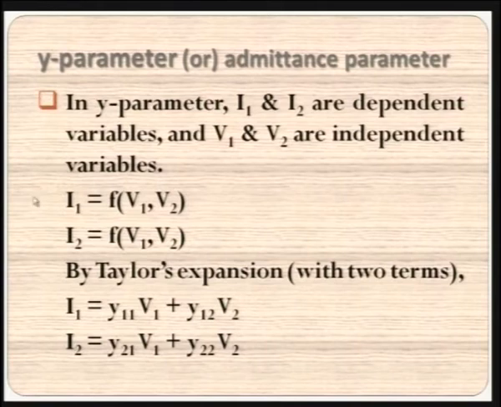Now, this form of writing the equation is quite familiar to us. So, I would like to skip how we write this equation, but the equation now has I1 and I2 appearing on the left hand side and V1, V2 on the right hand side, which implies the V values are independently varying and I values are dependently varying factors.